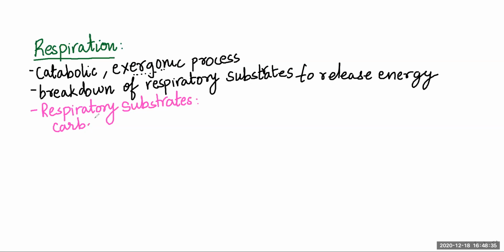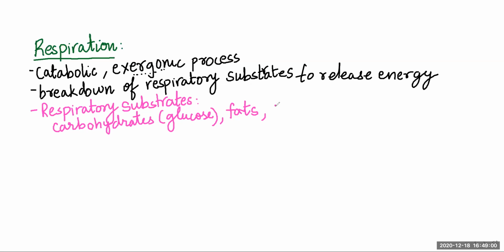The commonest respiratory substrate used by all the cells are primarily carbohydrates. And in that carbohydrate also, the most important one is glucose. If glucose or carbohydrate is not available, then the next respiratory substrate are fats.